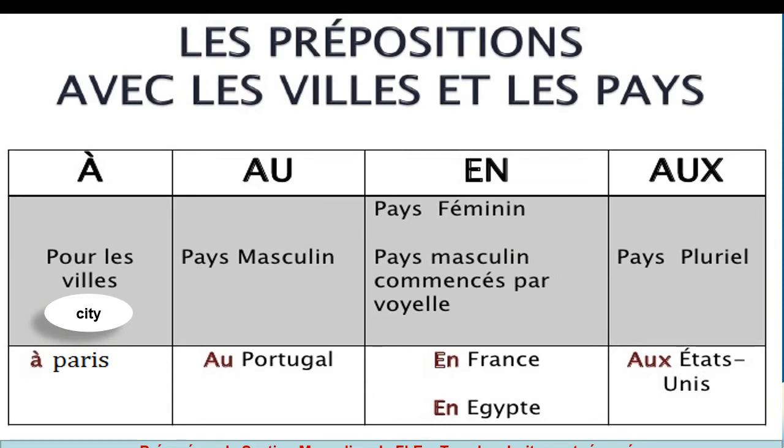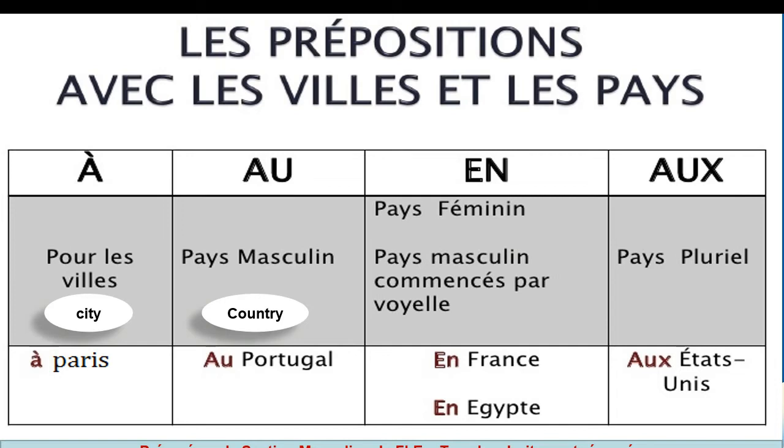But if I want to say the country, en Arabie Saoudite, yes, for Egypt, we take it before. I have le and la and les. Le for masculine. So for the masculine country, like we take it before, I use au for the country, not for the city. Like au Portugal.